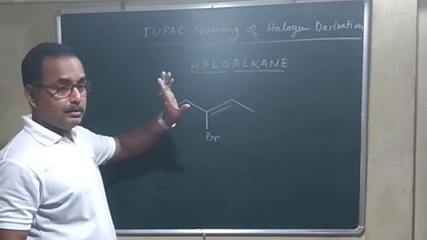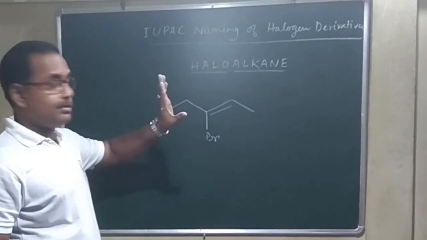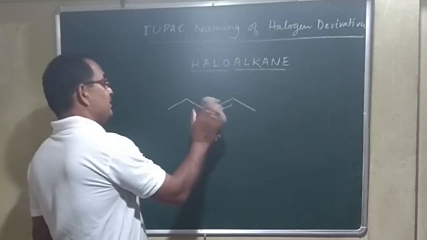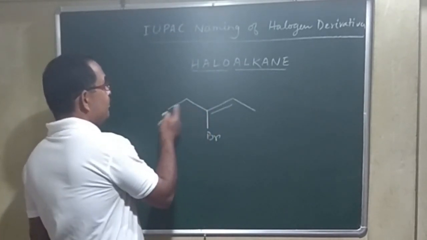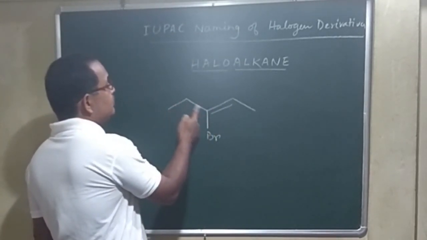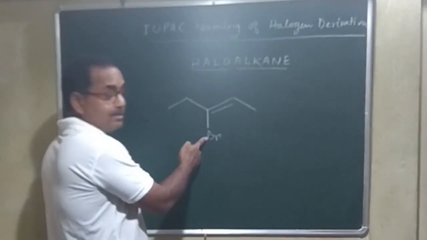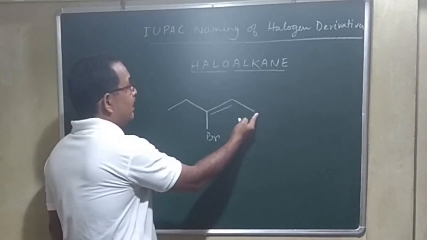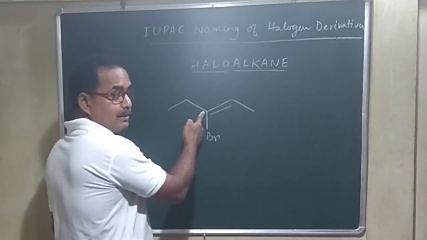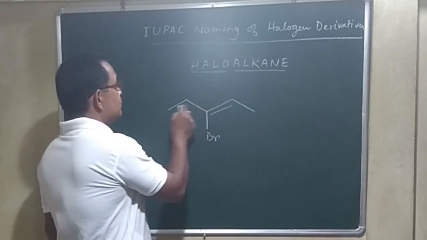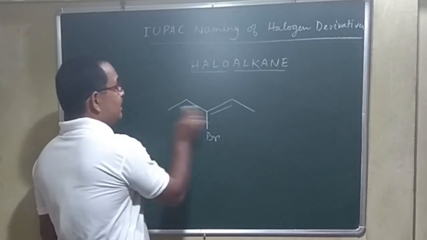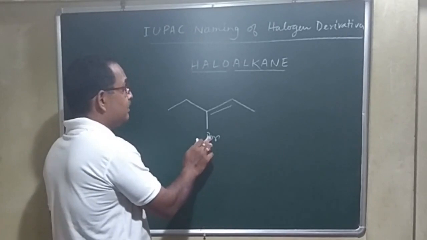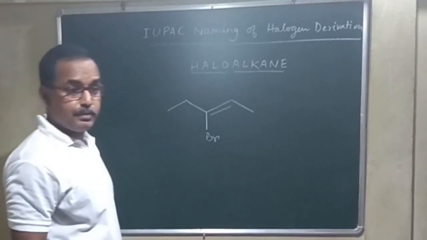It has a double bond. So in this case, first let us number the chain. If we number from this end 1, 2, 3, bromine will come at 3. If we number it from this end 1, 2, 3, then also bromine will come at 3. So we can start number from this end or from this end, provided we consider only the position of bromine.